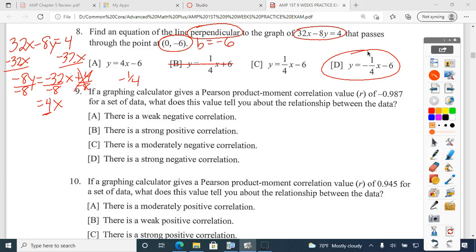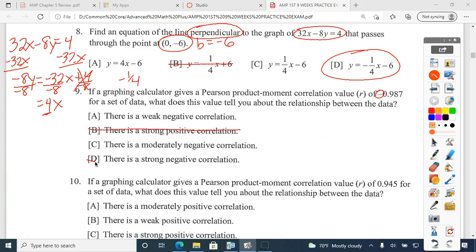Number 9. If a graphing calculator gives a Pearson product moment correlation value r of negative 0.987 for a set of data, what does the value tell you about the relationship between the data? Okay, so first off, the negative tells you it's negative. So I can get rid of the ones that say positive, which there's only one, okay?